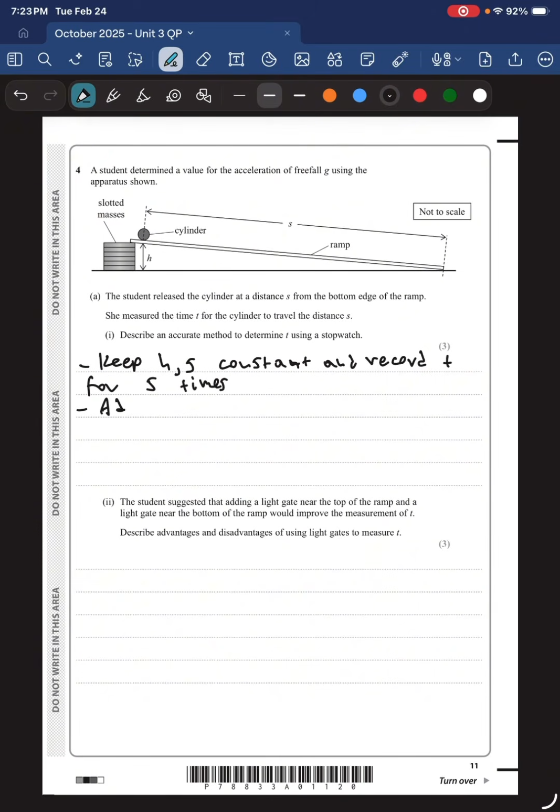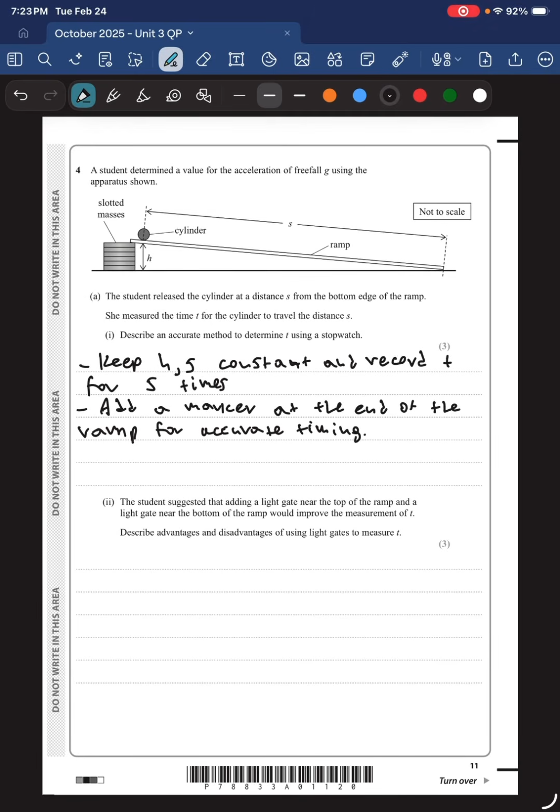You can add a marker at the end of the ramp for accurate timing.